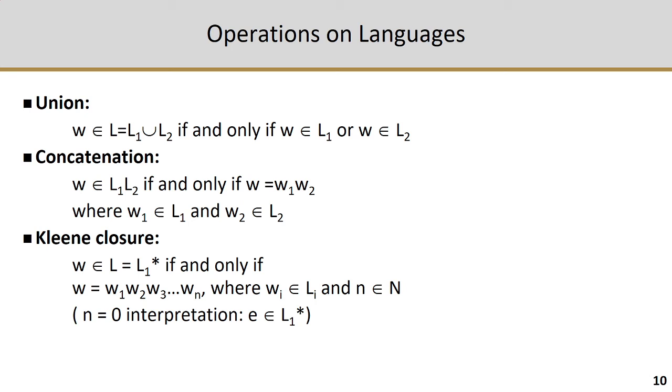And the Kleene closure results in a language where we have such strings resulting from concatenation of a number of words from the original language.